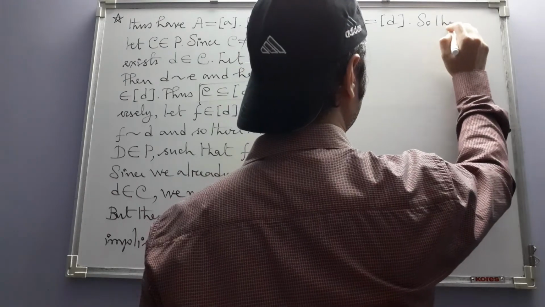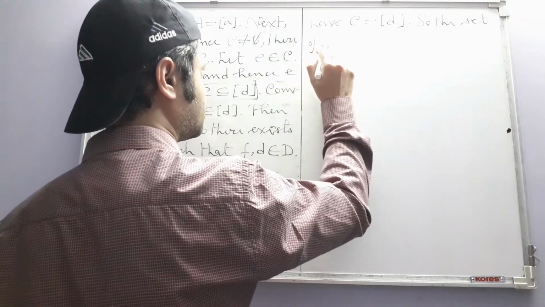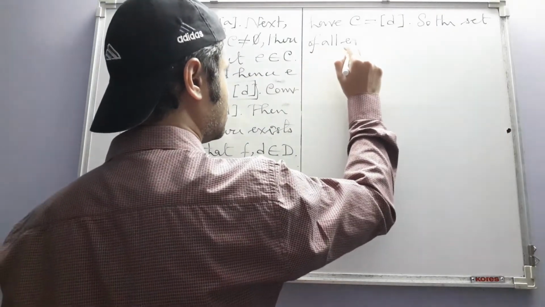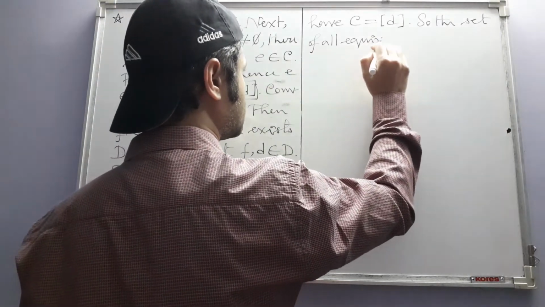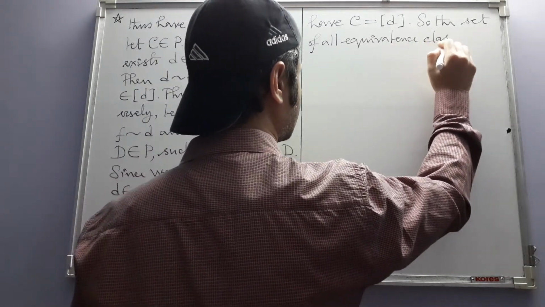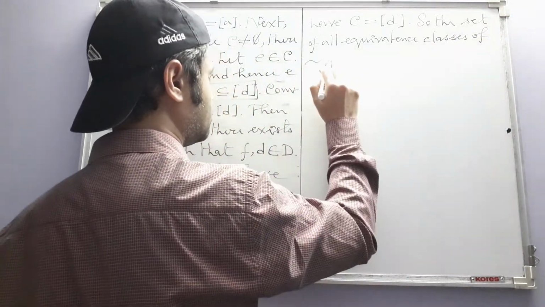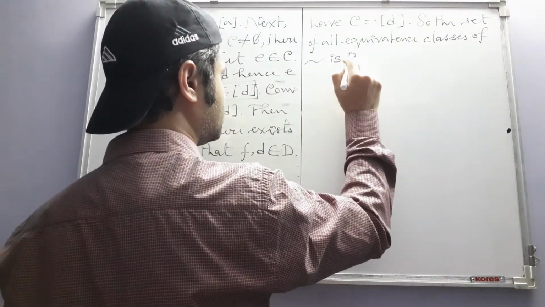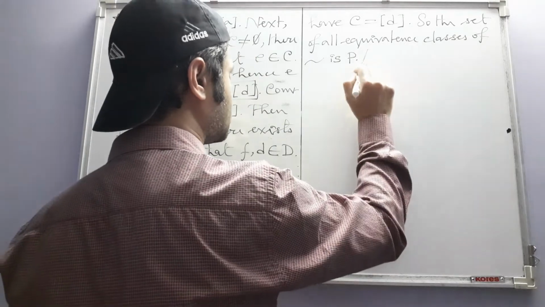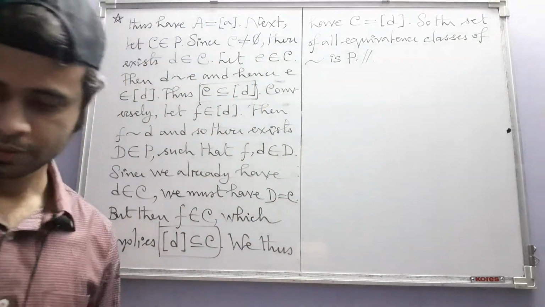So the set of all equivalence classes of our relation is P. That's just what we had to show. So now the solution ends.